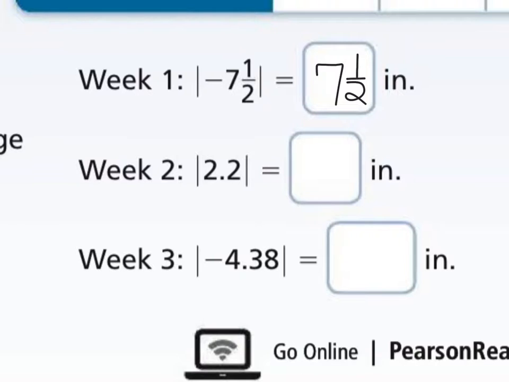Week 2, absolute value of 2 2/10. How far is that from 0? It would be 2 2/10. And week 3, absolute value of negative 4 38/100. How far is that from 0? It would be 4 38/100 inches.